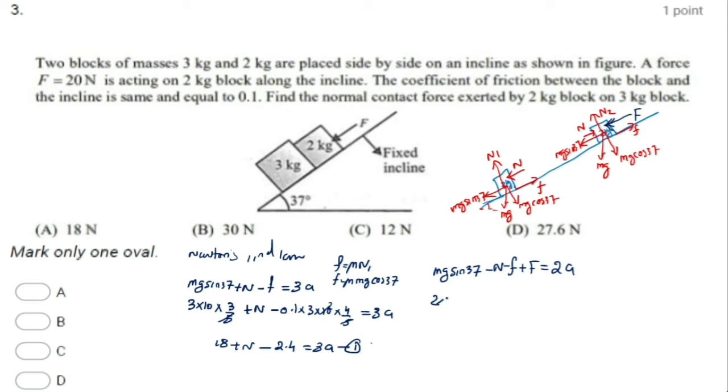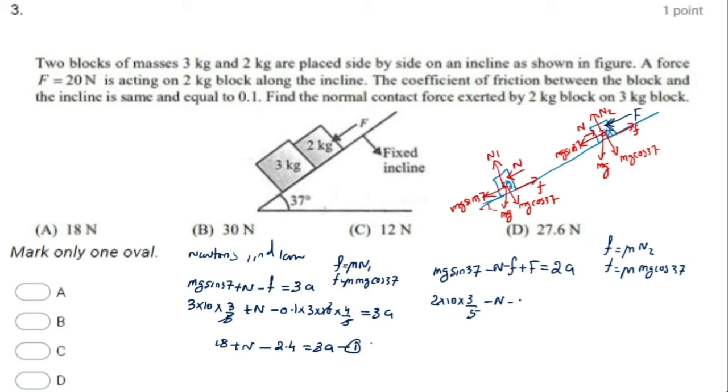So 2 into 10, sin 37 is 3 by 5, minus N, then again minus F. What is F here? Once again the same formula, F is equal to mu into normal reaction force, here F is equal to mu into N2, that is mu into mg cos 37. Here m is 2 kilogram, right?